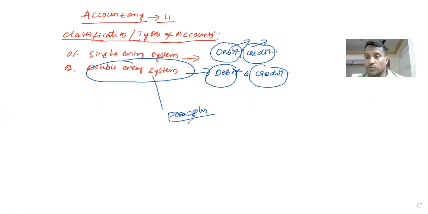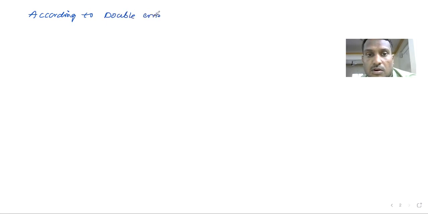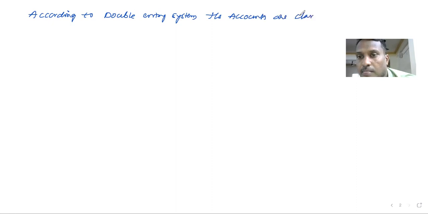I hope all of you students know about these two systems properly. Let's move to the classification or types of accounts under the double entry system. So what are the account types here? According to the double entry system, the accounts are classified into three types.